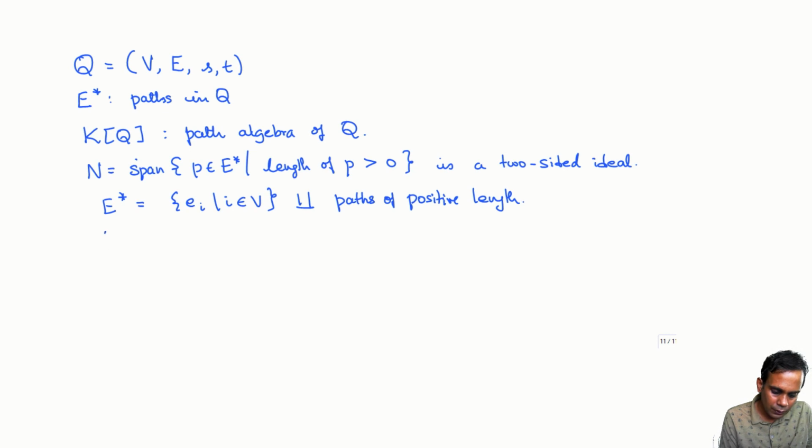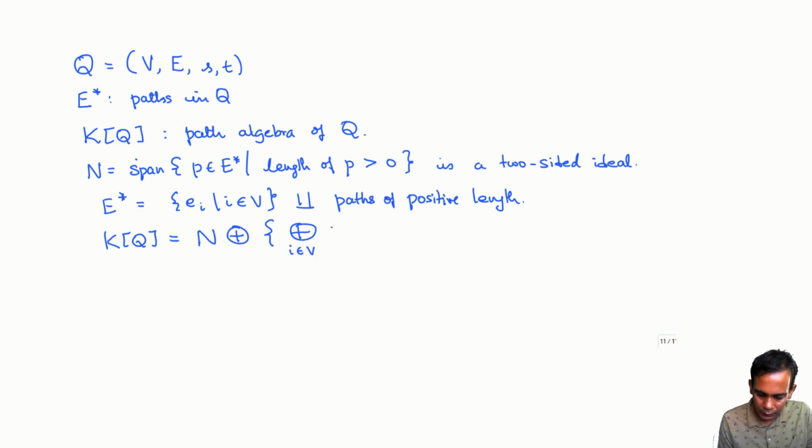So KQ as a vector space over K is n, which is spanned by paths of positive length, direct sum the sum over all i belonging to V of K e_i. This is a complement of n.